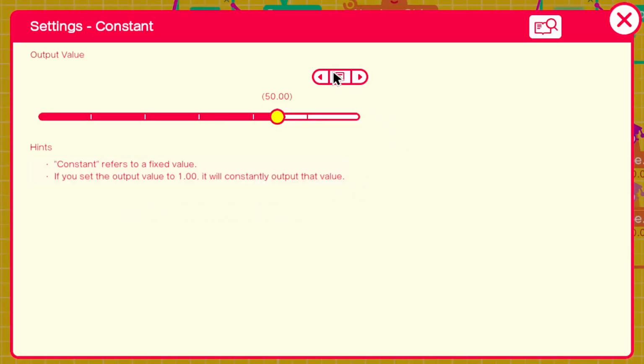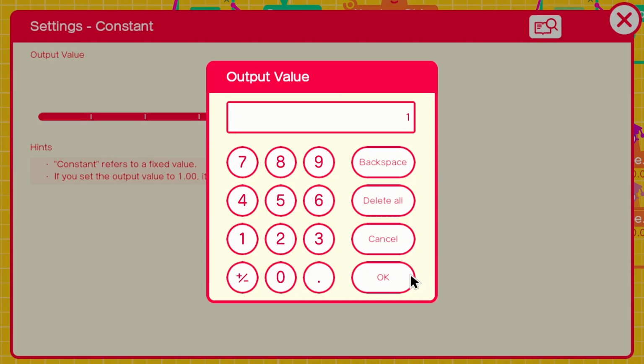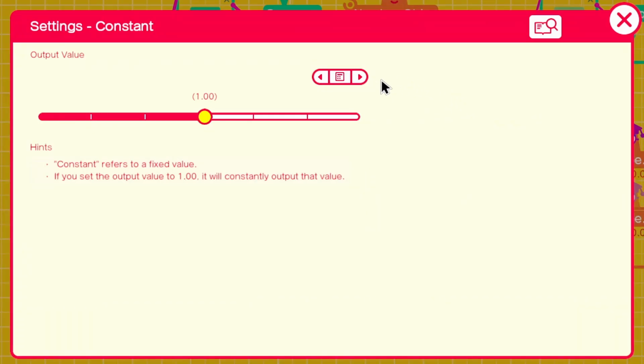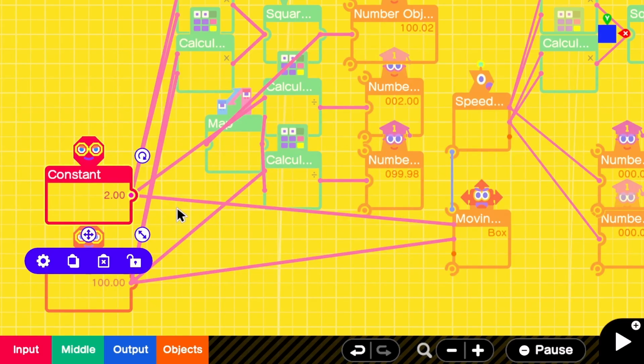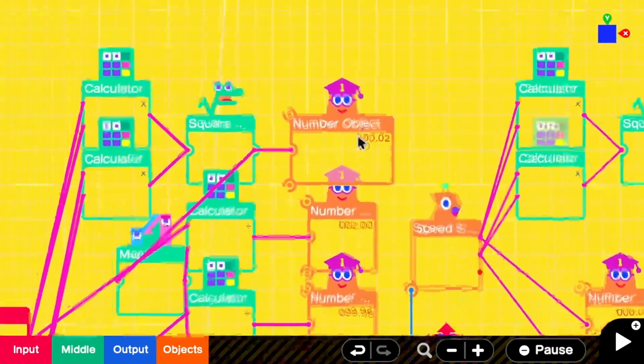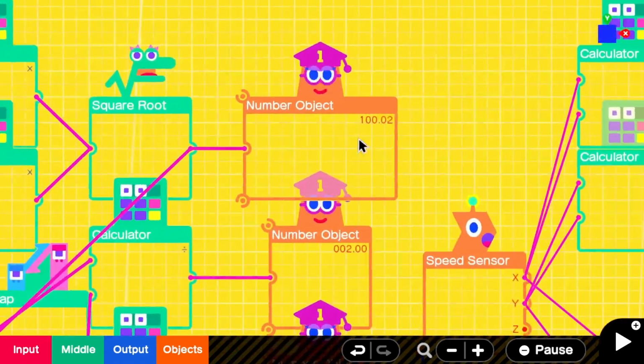So yeah, even if we make it very skewed, like for example, 1 and 100, or make it a little bit bigger, for example, 2 and 100, even though these are pretty small, the total speed of an object moving at 100 in the y and 2 in the x is still greater than 100. It's 100.02.